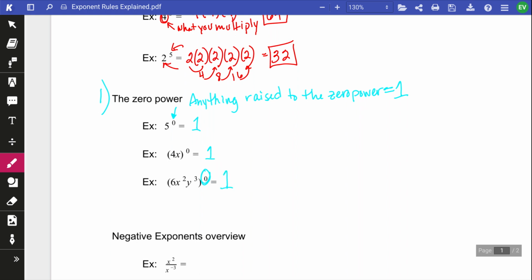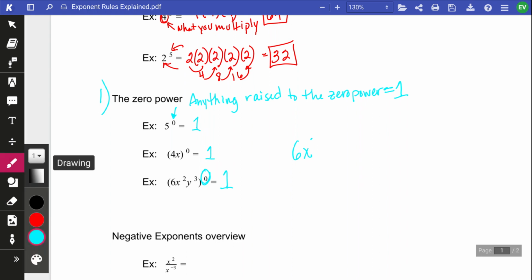Be careful when you have something raised to the 0 power and something not. For example, if I have 6x to the 0 power, only the x is raised to the 0 power. So this is really 6 times 1, because x to the 0 power is 1, and 6 times 1 is 6. So pay attention to what's being raised to the 0 power.